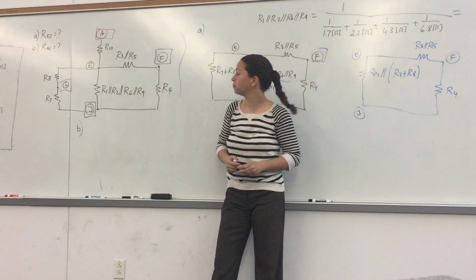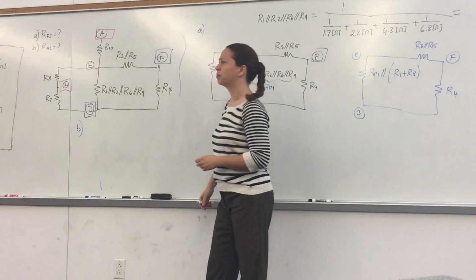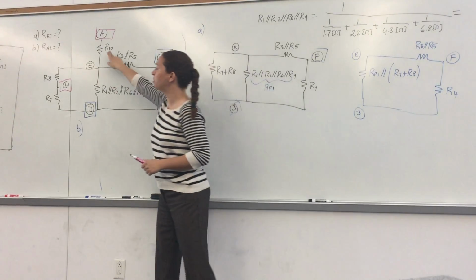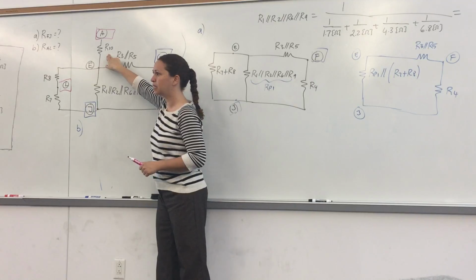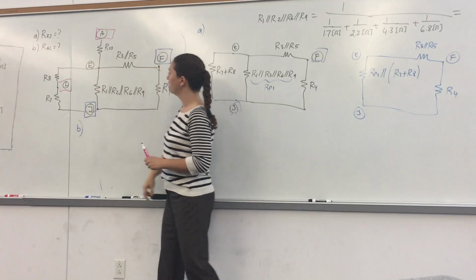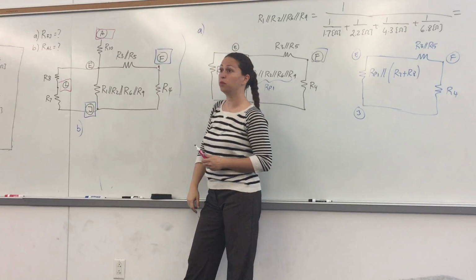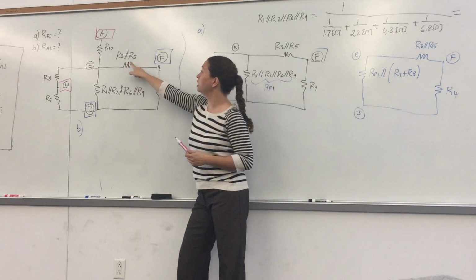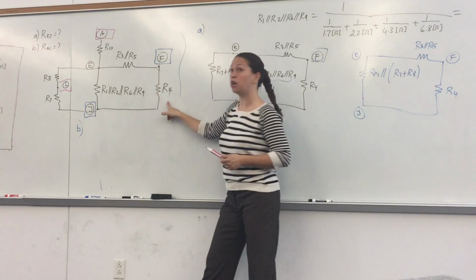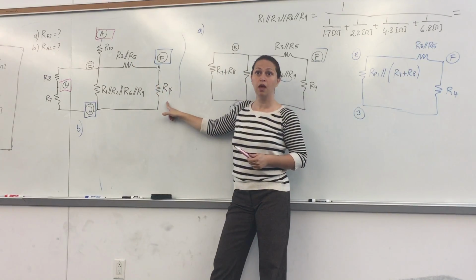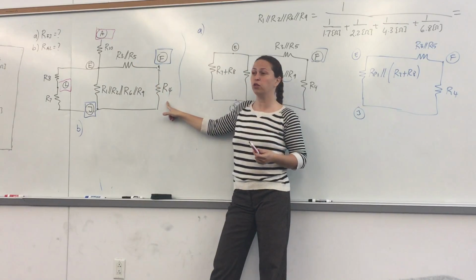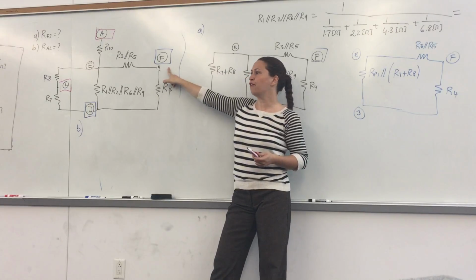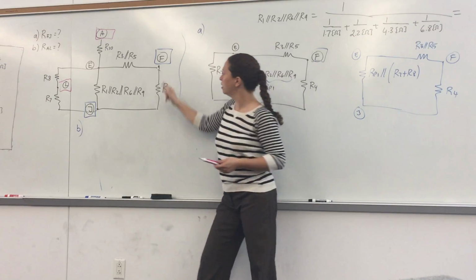Okay? What can I do? It's not a dummy resistor anymore, right? It's not a dummy resistor anymore. What can I do? R3 and R5 are in series with R4. R3 in parallel with R5 is in series with R4, right? Do you agree? And series combination, what do I lose? F. I don't care. I can lose this, right?